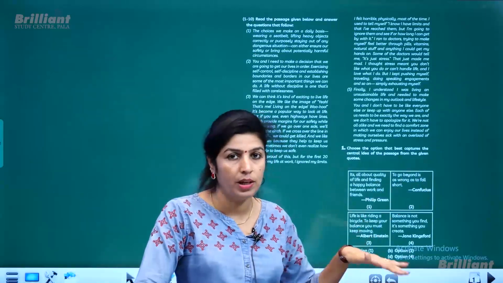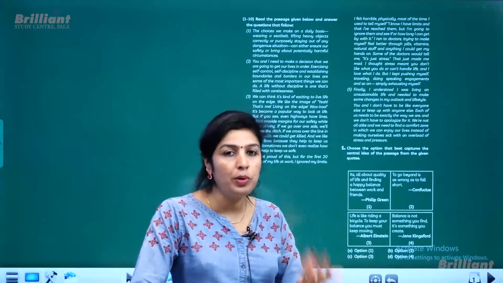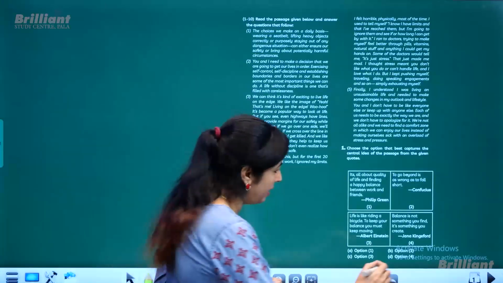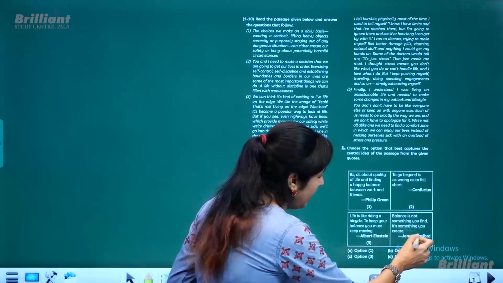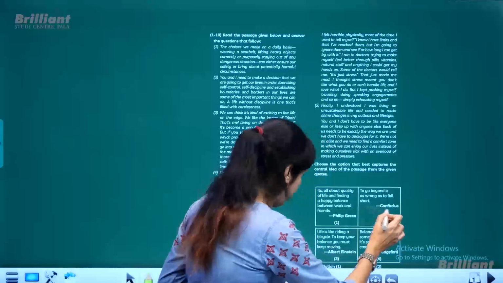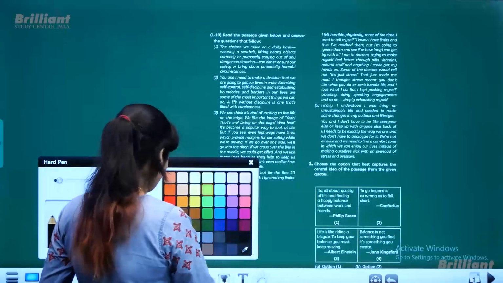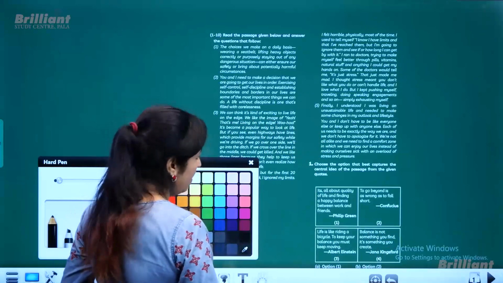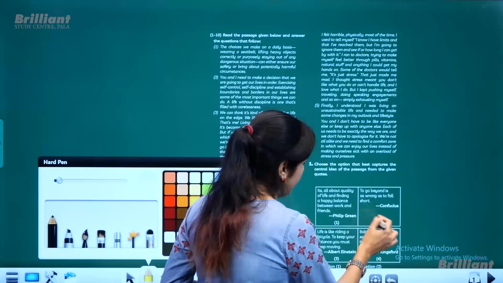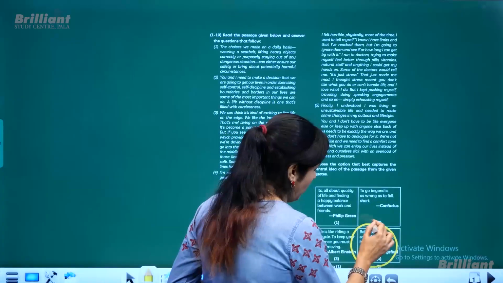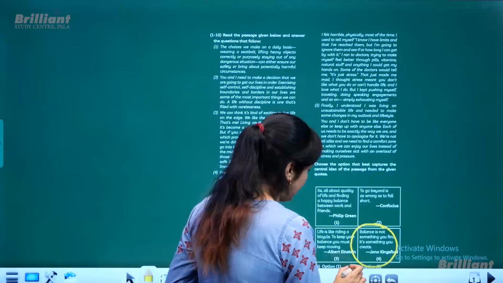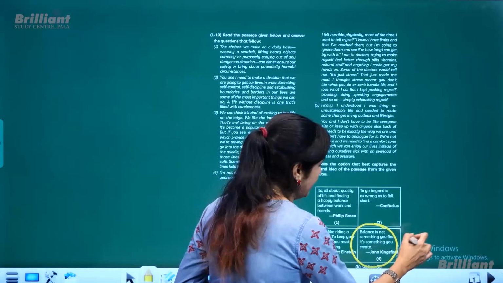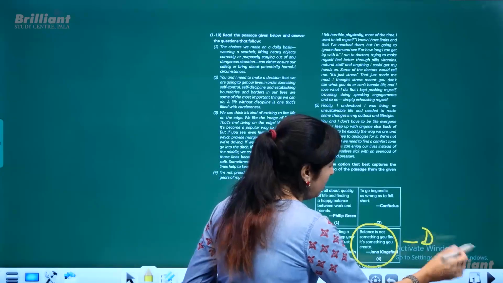It's not just available in the market or any such place, but you need to create it. So this last one is the exact one which we require. It's option D. Option D is the correct option.